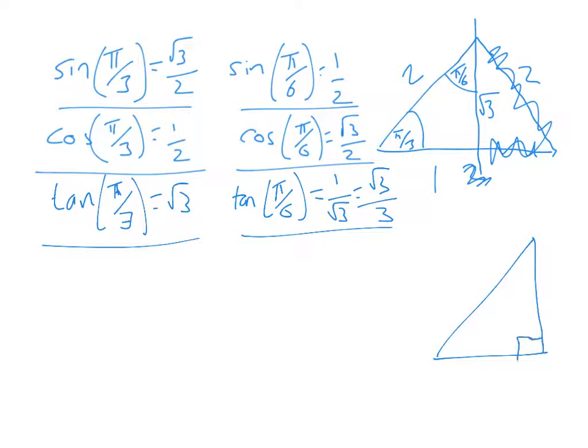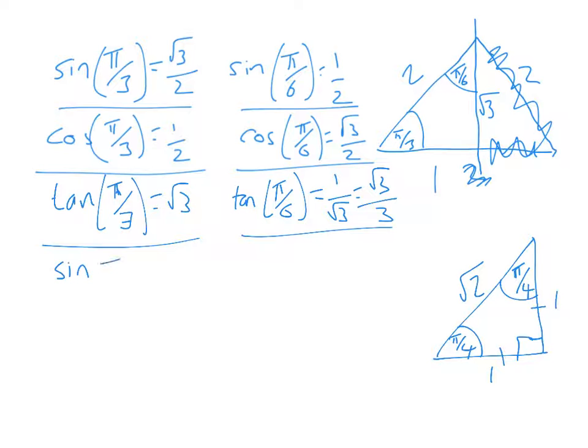Isosceles triangle, I've got 45 and 45, which is pi over 4. I do tend to refer back to degrees, just helps with your fluency so you can picture what you're talking about. So they're the same, we'll call them 1. 1 squared and 1 squared is 2, so that is root 2.